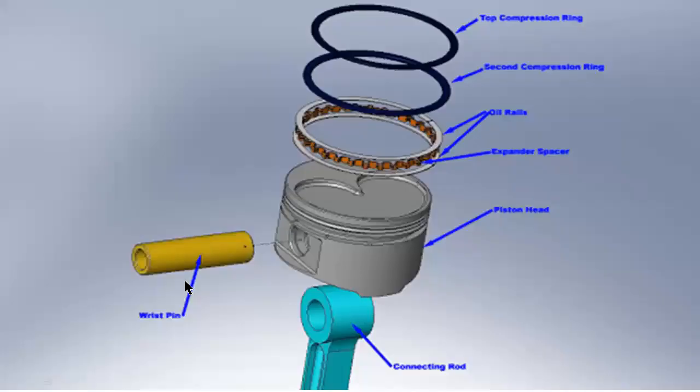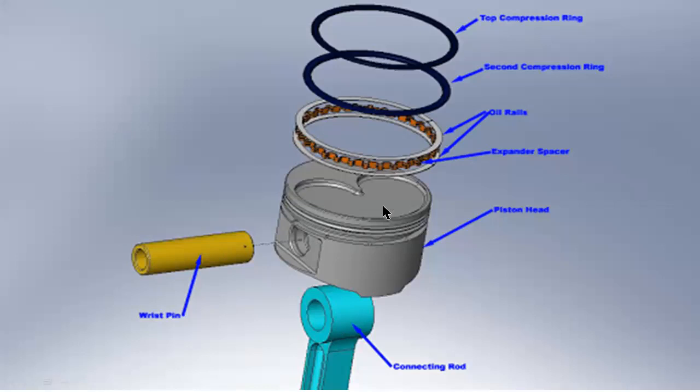Here you can observe the three-dimensional view of the piston and its parts. This is a connecting rod. This is the small end, or small eye, of the connecting rod. This is a piston pin or gudgeon pin. This is a piston with oil grooves and compression grooves. This is a piston pin hole.